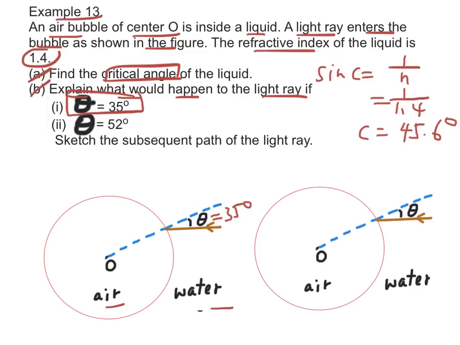If theta equals 35 degrees, that means the angle of incidence I is smaller than the critical angle. Therefore, the light wave will be refracted into the air and bend away from the normal. By symmetry, the light wave will finally refract into the liquid with angle of refraction equal to 35 degrees.